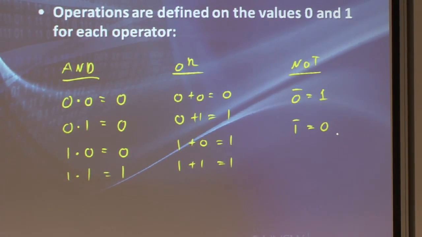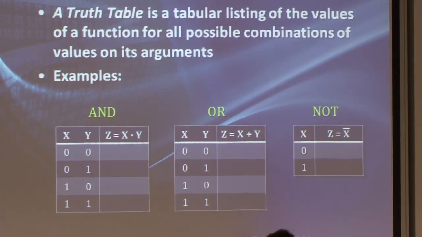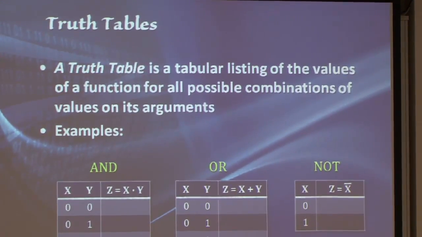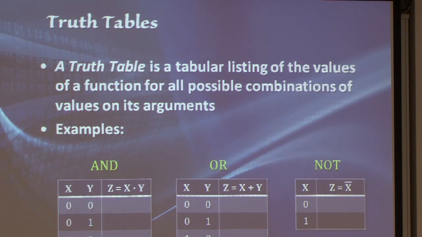Now what I wrote in this form here, the definitions, we can also tabulate in a truth table. And truth tables are the tables that we will use quite extensively in this course.